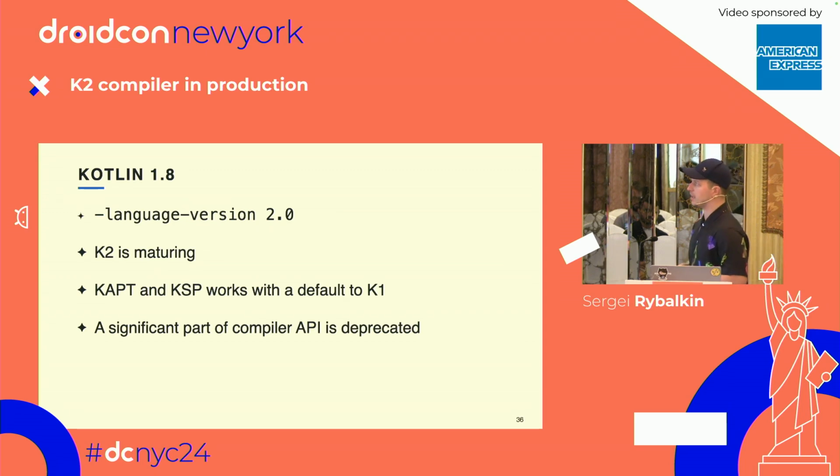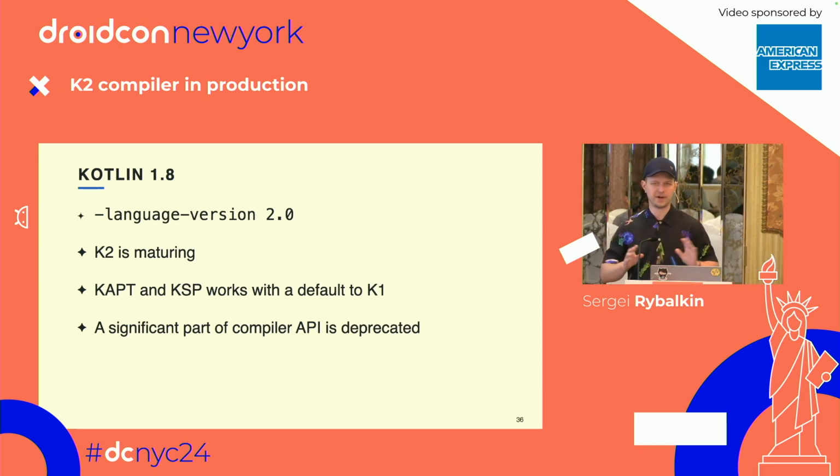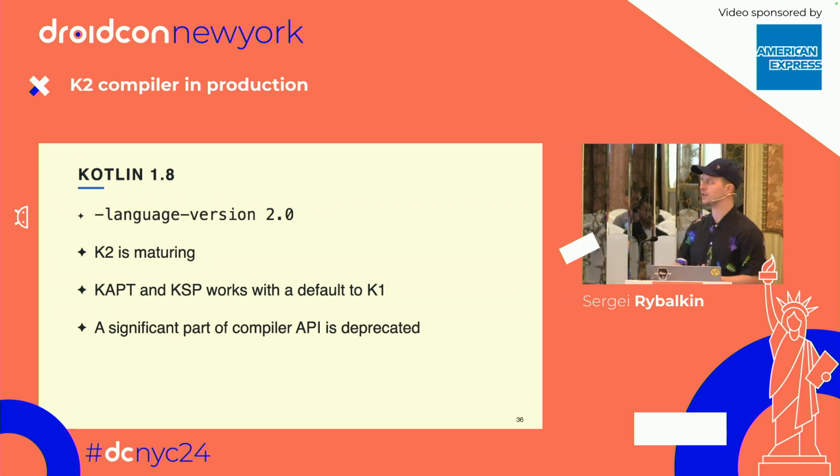Another 6 months passed. Kotlin 1.8, language version 2.0. Finally, JetBrains figured out how to name this flag, and for the good this time. K2 is maturing. KAPT and KSP still work by default with K1. It's fine.